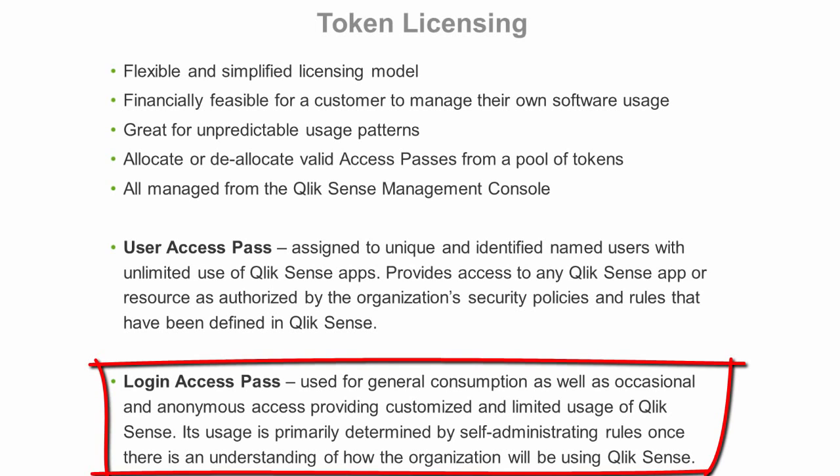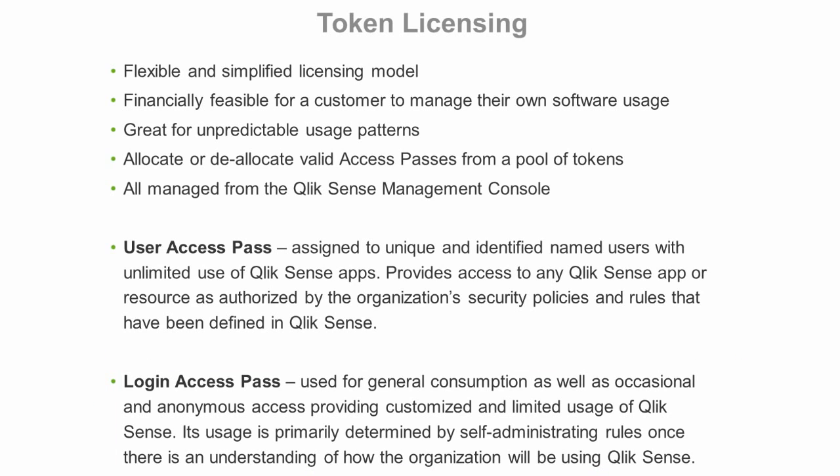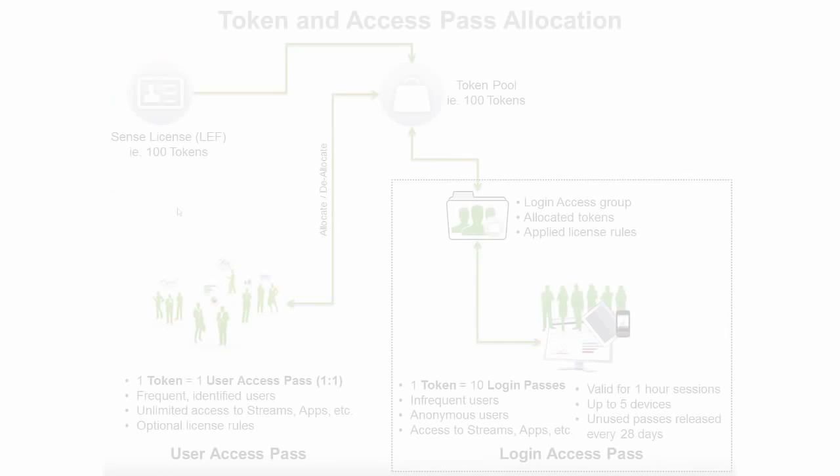It provides the same app and resource usage as a user access pass, but it's attached to a license rule that customizes and controls its usage and also has time limits on how long the pass can be used before another one is consumed. So a number of tokens are allocated to both of these pass types, and they're allocated differently. Let's take a look at this in more depth using the following diagram.